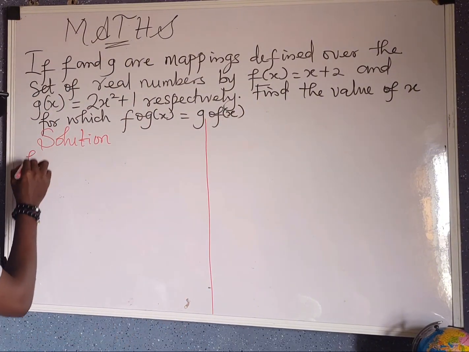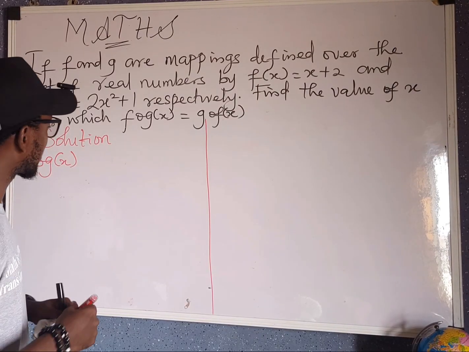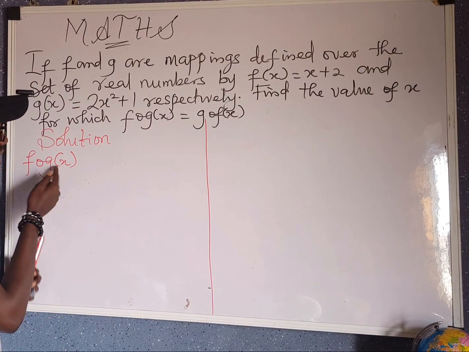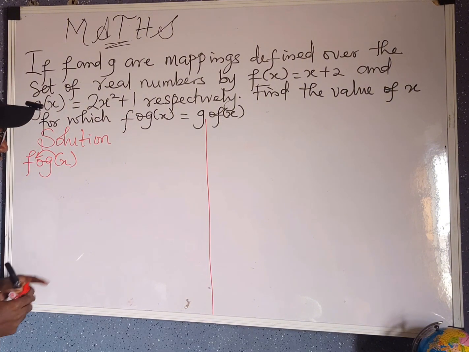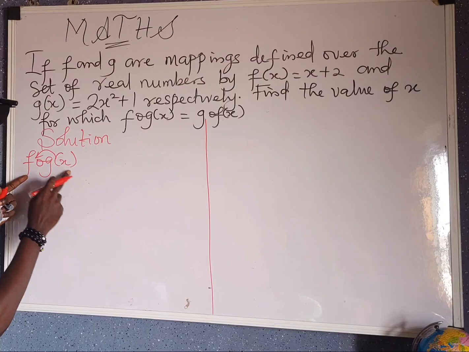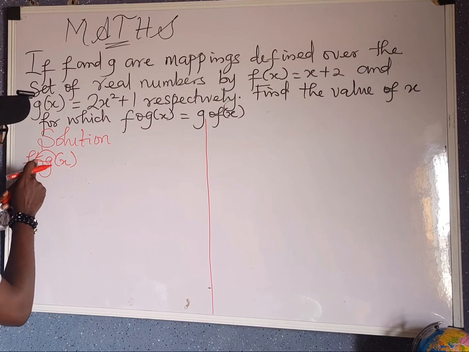So let's start. F of g of x. What we are going to do first is that g of x is going to be substituted inside f of x. So that's what this composite function means. What you have for g of x, substitute it inside your f of x.